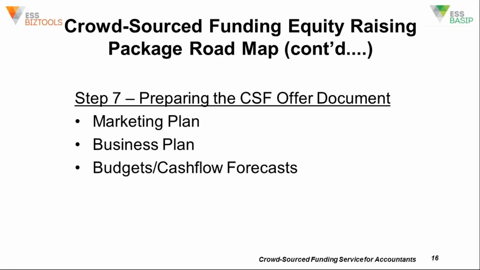There will also need to be prepared a budget and a cash flow forecast based on what the business plan vision states, so that an investor can see this is the financial outcome of what's summarised in the business plan.